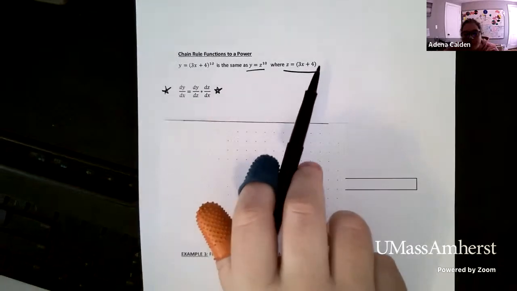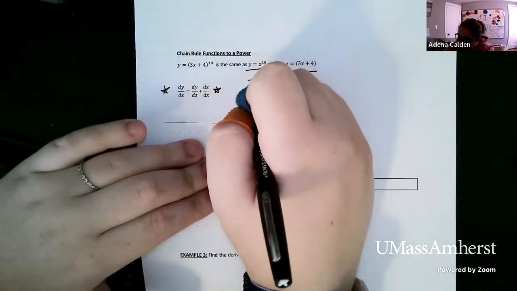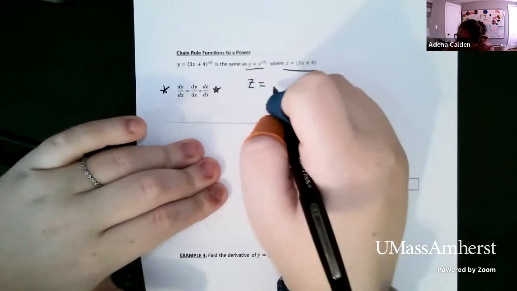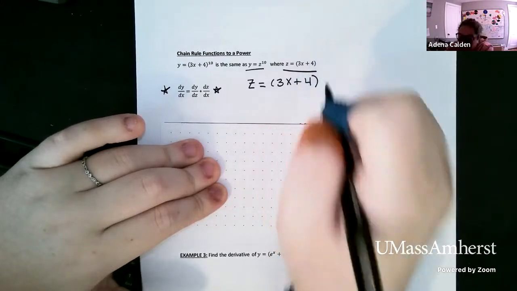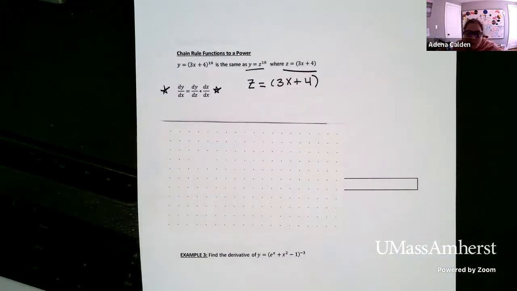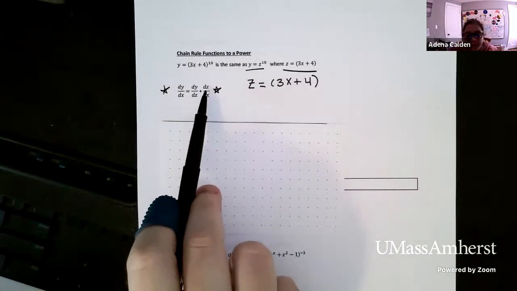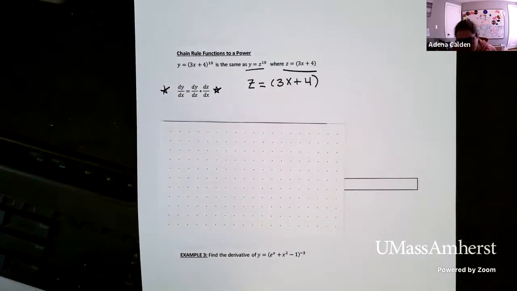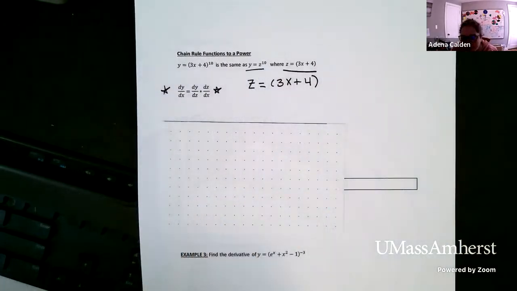Again, we start by making our base equal to z. I'm going to write this again, just a little bit bigger. z equals 3x plus 4. One of the things we need is dz/dx, the derivative of z with respect to x. I want you to notice that z is our dependent variable and x is our independent variable.